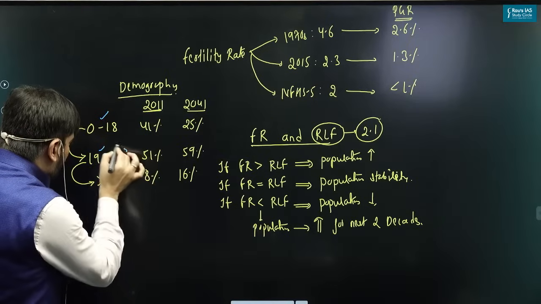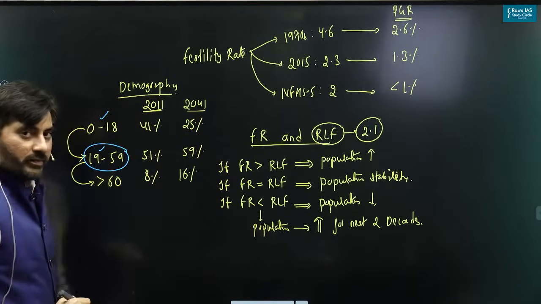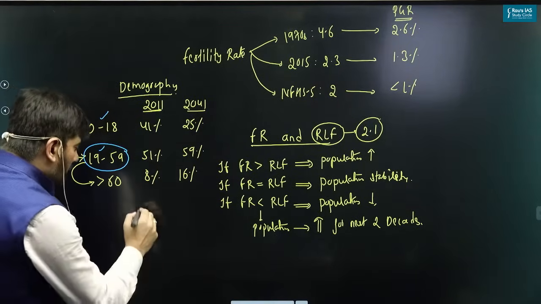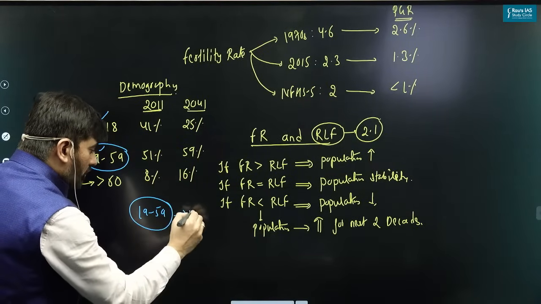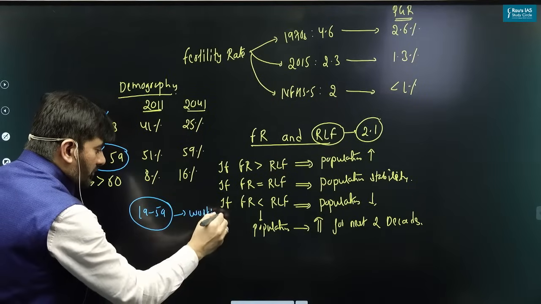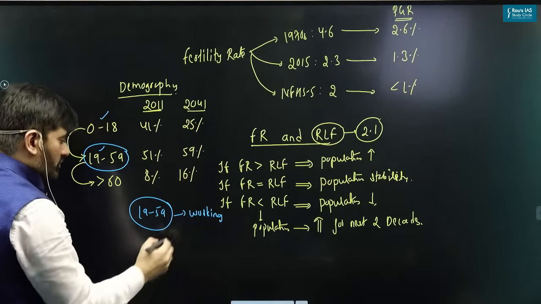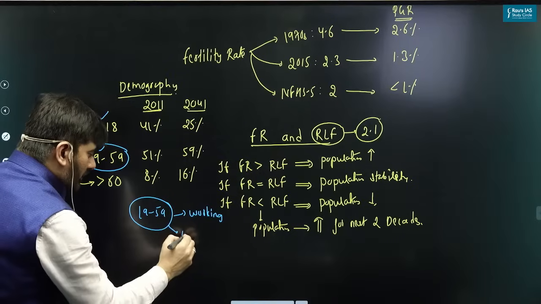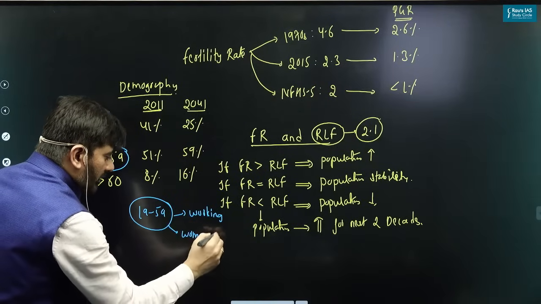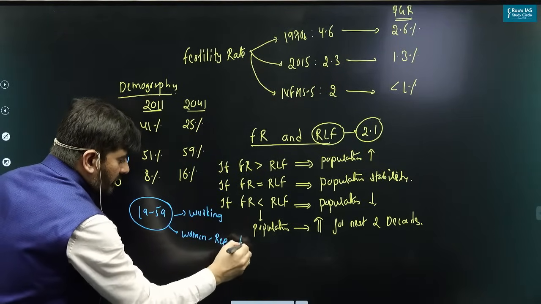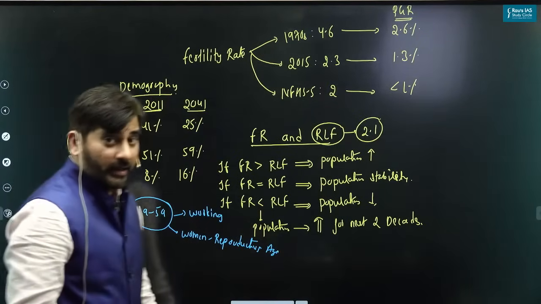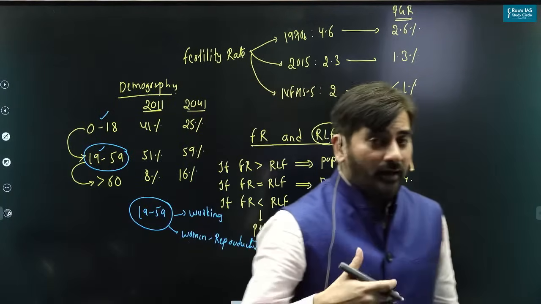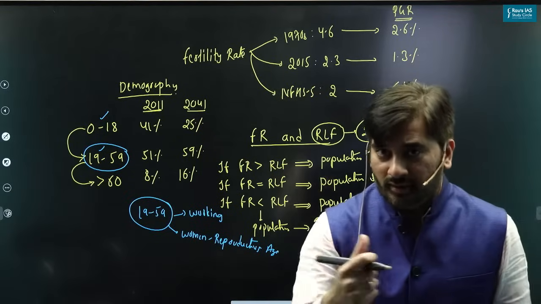And please concentrate on this particular age group, 19 to 59. We know this is the working age group. Apart from that, especially among the women, these are the women who are in the reproductive age, right? These are the women who are going to give birth to children.